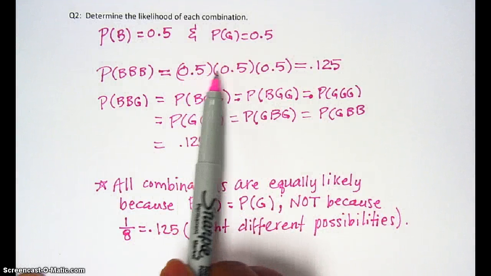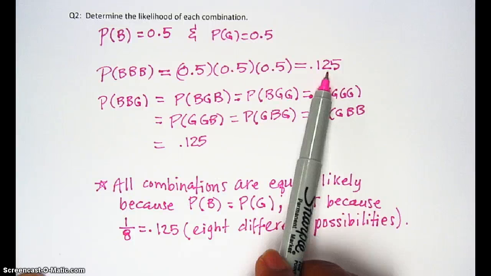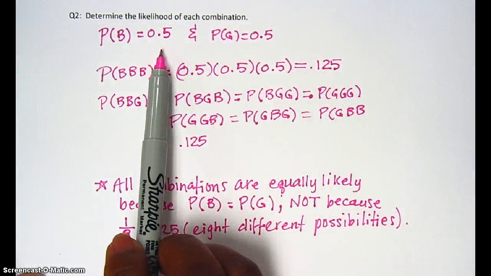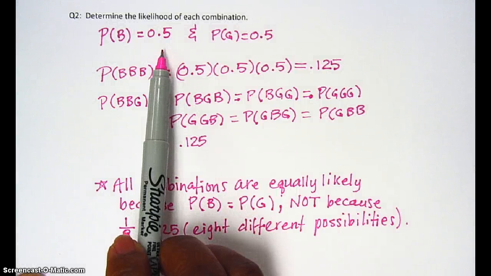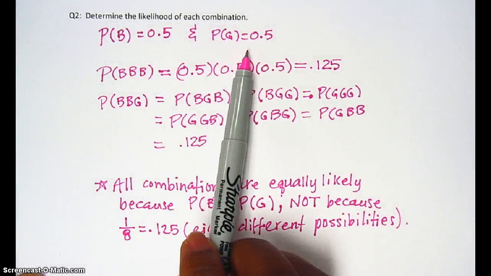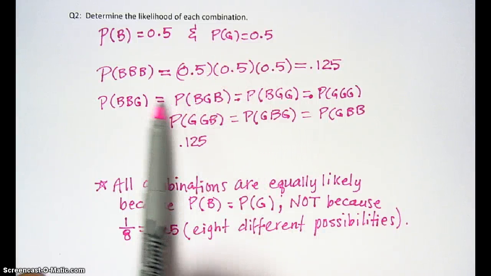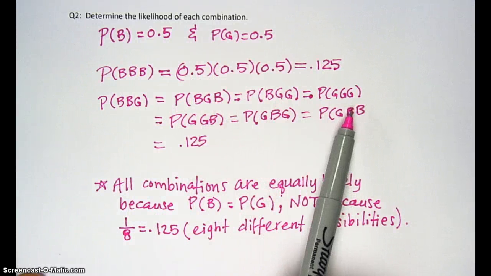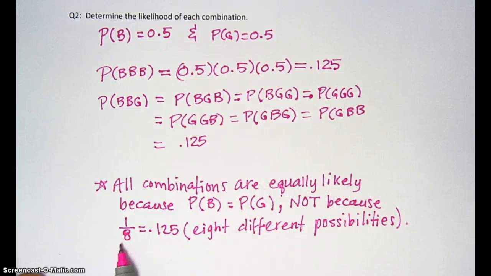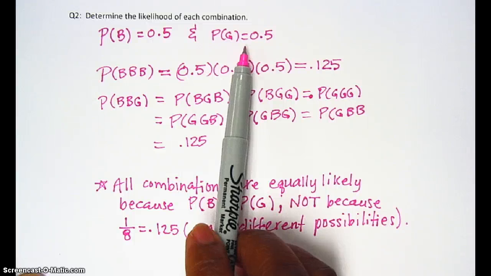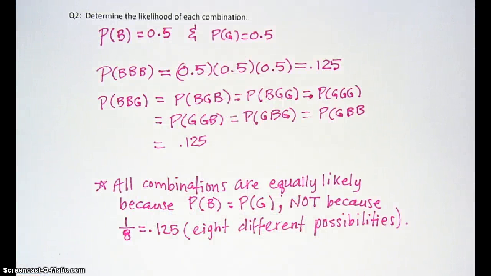And when I multiply those in succession, I get 0.125 for each of these. Had the probability of being boy been different, such as 0.6, and the probability of girl 0.4, then I would not have the same scenario where each of these 8 combinations has the probability of 0.125. It's not because we have 8 possibilities and we're choosing one of them. It's because the original events of being a boy or being a girl are equally likely.